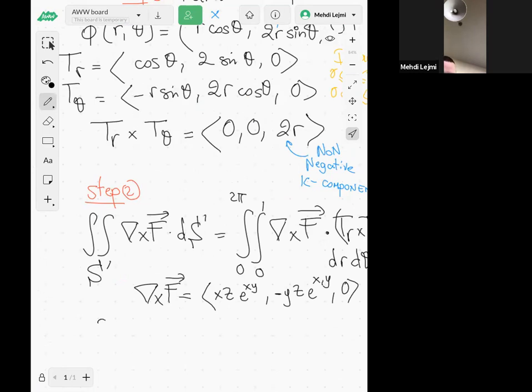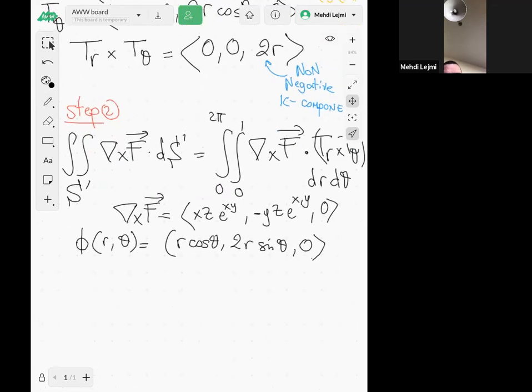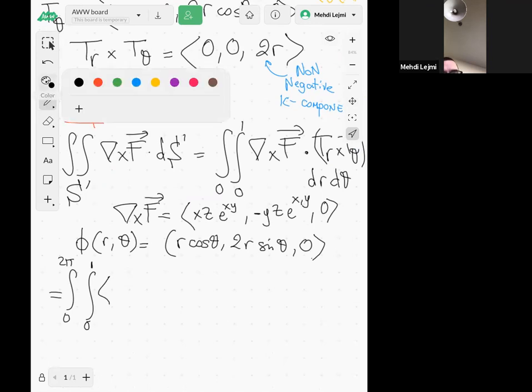With the parameterization, remember, x must be r cosine theta, y must be 2r sine of theta, and z is 0. So my integral is from 0 to 2 pi and 0 to 1 of the curl of F along this S prime. Along S prime, x is this, y is 2r sine theta, and z is 0.